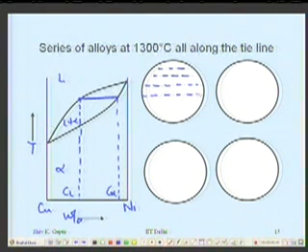Even at this temperature, alpha can also exist in equilibrium. Can alpha exist? I'll come to that. I'm just at the liquidus. What shall be the amount of the solid? Will come to that. So this is going to be all liquid.